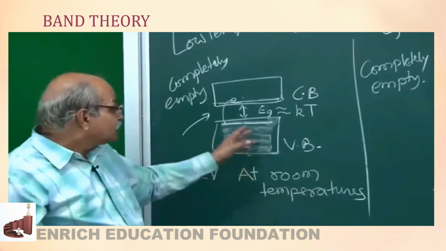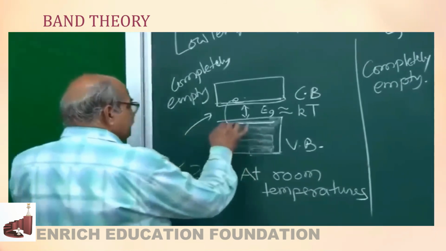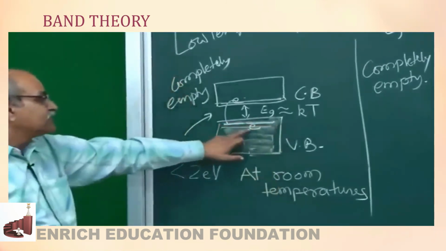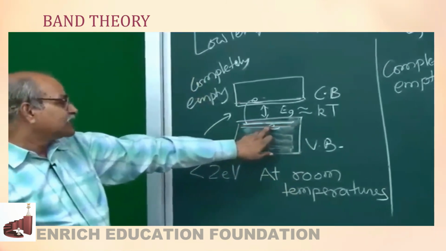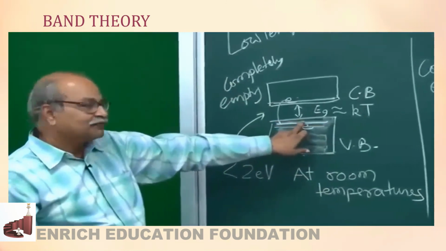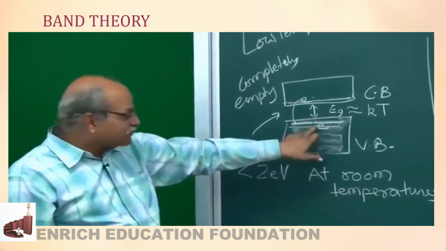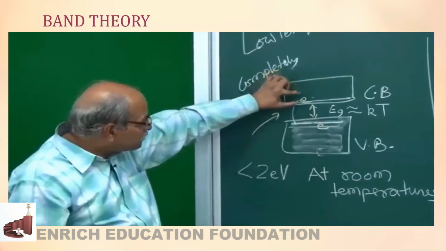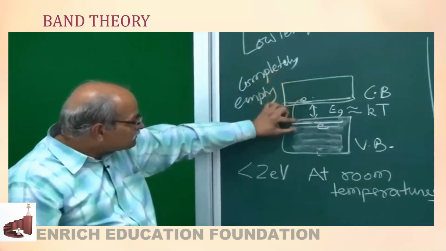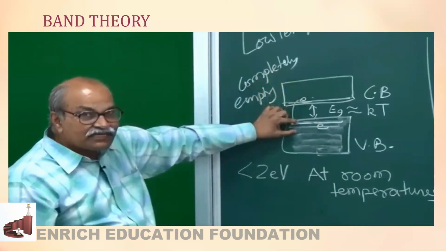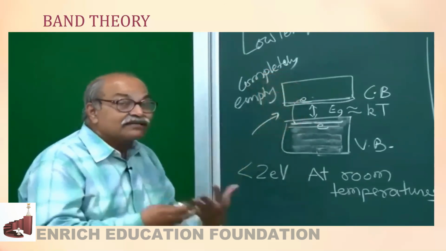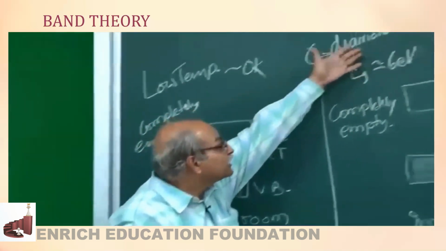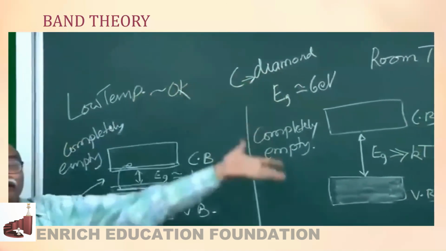How? If this quantum state is empty and there is an electron here and the electric field is there, this electron can accept that energy and fill this. Of course, this will become empty. But some kind of electron movement is possible. So because of the electrons in the conduction band and the empty states in the valence band, both ways some electric conduction is possible if you apply this electric field, if you connect that system to a battery.